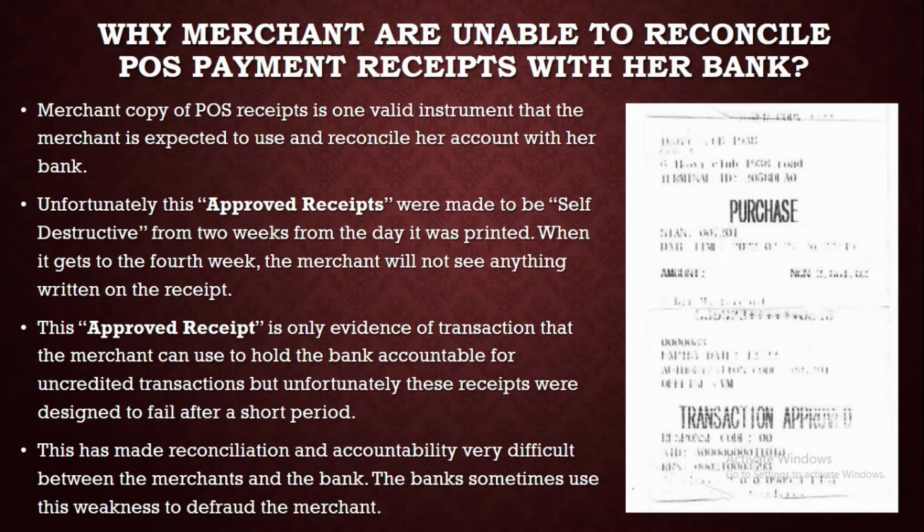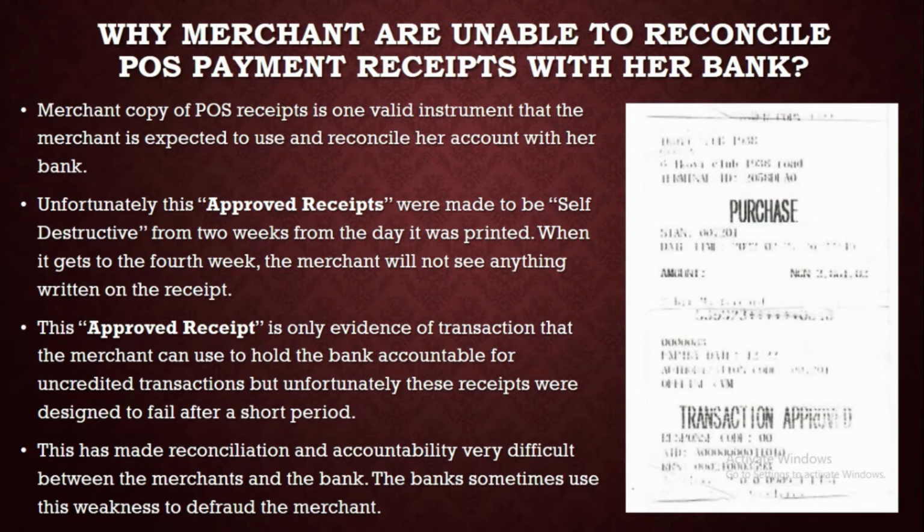Now let's make it very clear. The merchant copy of POS receipt is one valid instrument that the merchant is expected to use and reconcile her account with her bank. Unfortunately, these approved receipts were made to be self-destructive from 2 weeks from the day it was printed. When it gets to the 4th week, the merchant will not see anything written on the receipt.